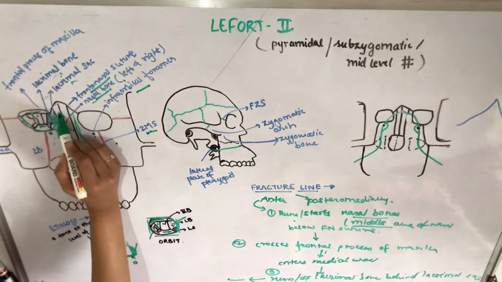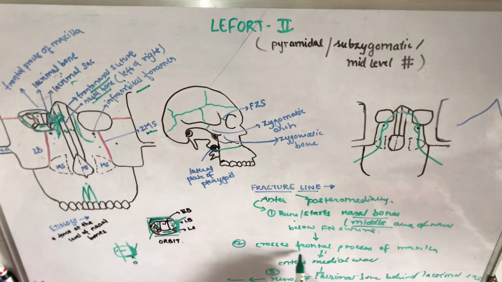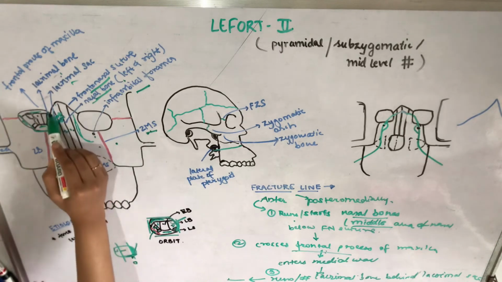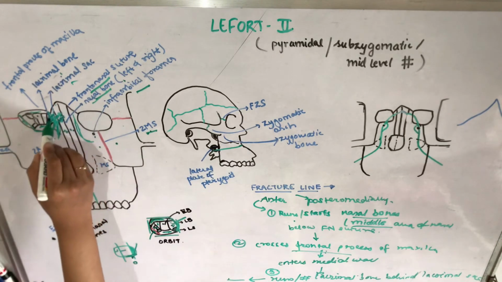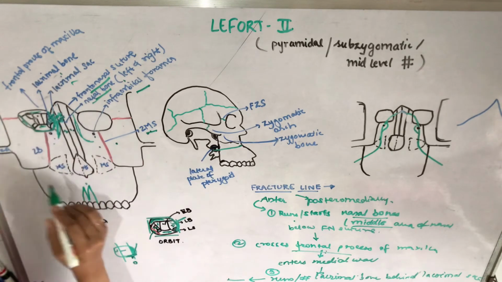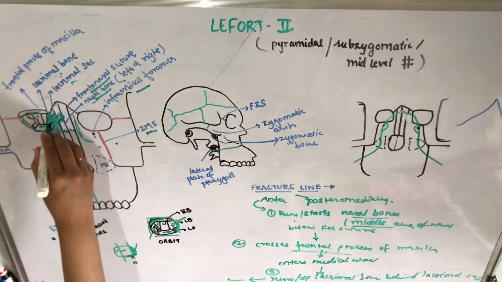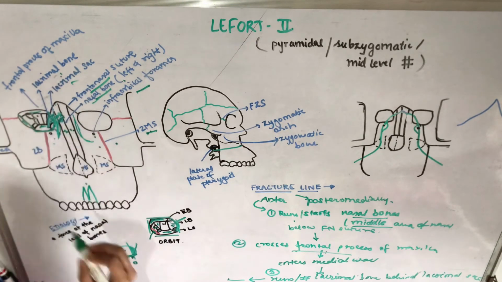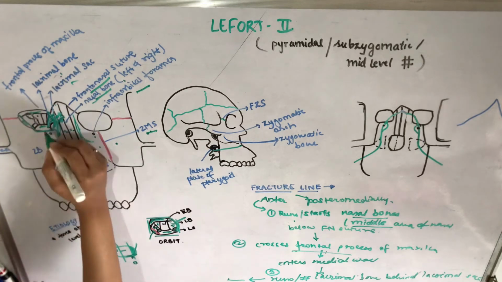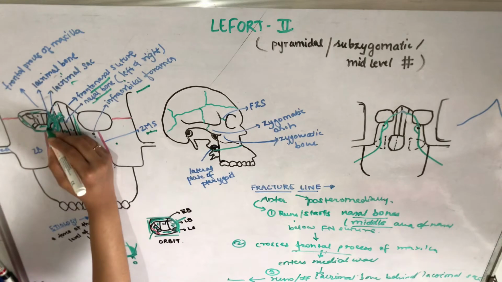Now you have seen the points. So nasal bone, then it was crossing through the frontal process of maxilla, then it enters the medial wall of the orbit, then it runs or fractures the lacrimal bone behind the lacrimal sac, and then it runs anteriorly and it runs from the junction of the middle 1/3 and lateral 2/3 of the infraorbital rim, and then it crosses through the infraorbital foramen.